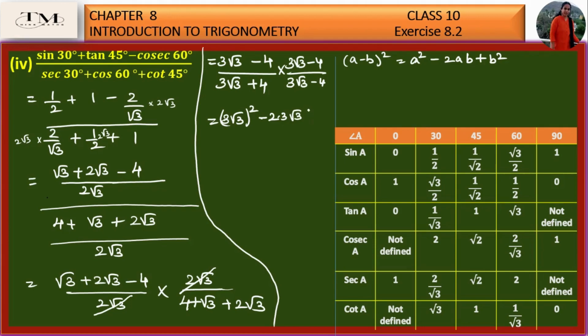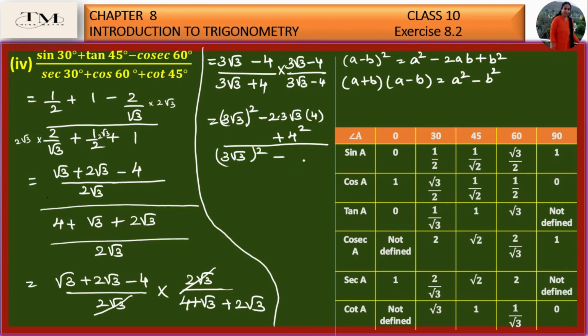What is b? b is 4, plus b square. b square is 4 square divided by (a plus b) into (a minus b). So (a plus b) into (a minus b) is a square minus b square. So a square is (3 root 3) whole square minus b square, which is 4 square.